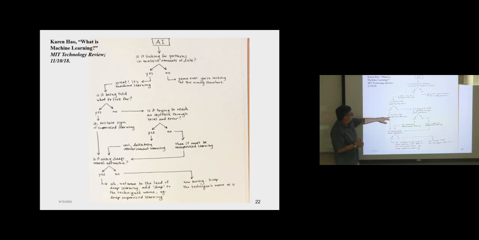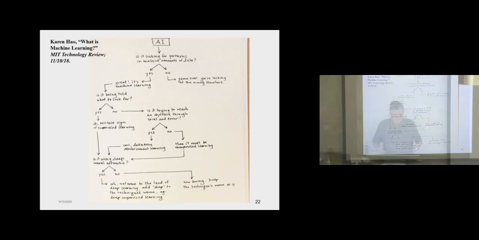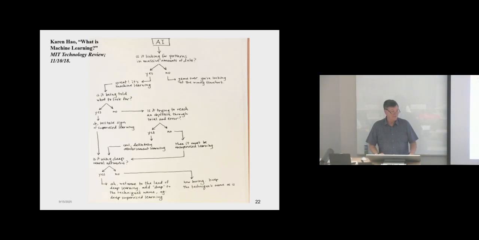You put deep in front of supervised, deep in front of unsupervised, and deep in front of reinforcement. Deep means multiple hidden layers, an expanded neural network. If it's no, she writes, how boring. Just keep using the techniques you've got. I've never seen a better flow chart than this. I think it's a stroke of genius, you know?